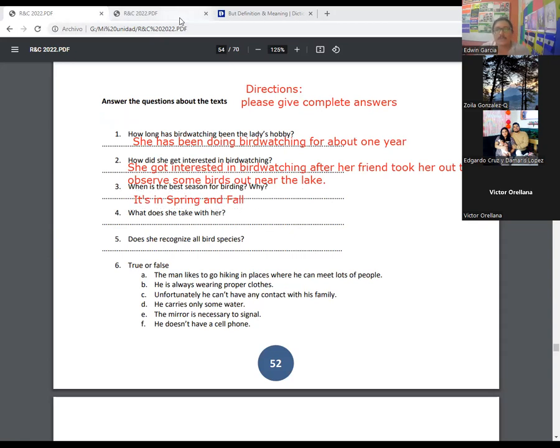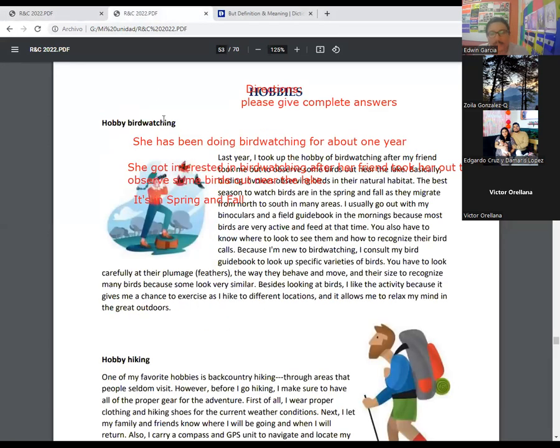No, I think it's not the reason. It's another one. I'm sure it's because they're migrants from north to south in many areas. That's correct.